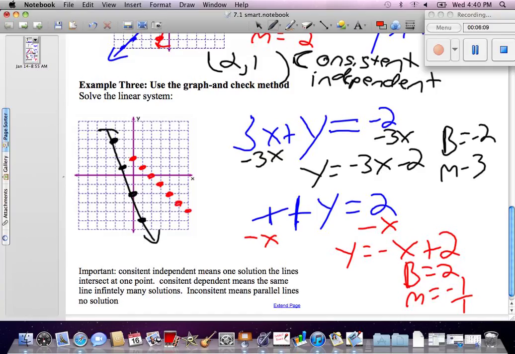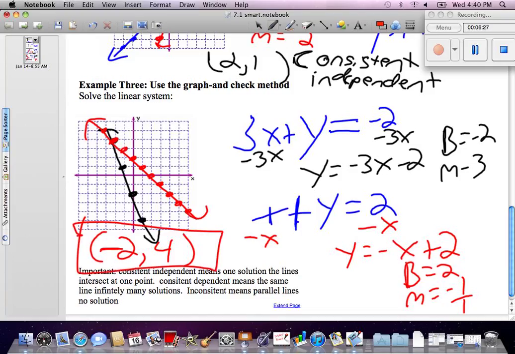And then I'm going to go up 1 over negative 1, up 1 over negative 1, all the way up. And I can see that they cross at negative 2, 4. Remember to put the x value first, the y value second. And this is my solution to my problem, where the two intersect.